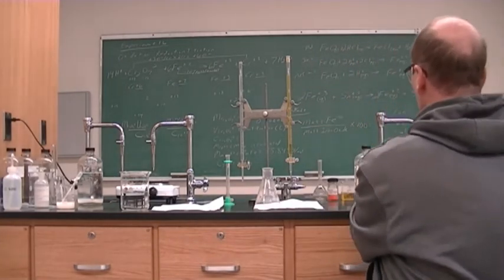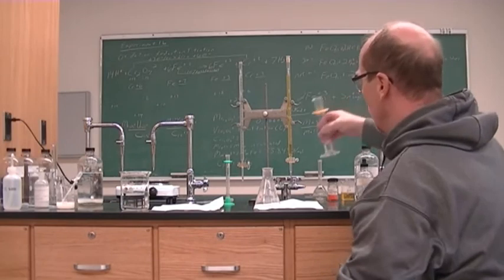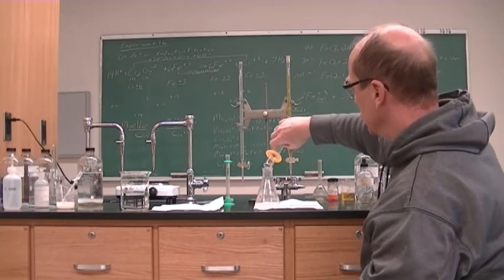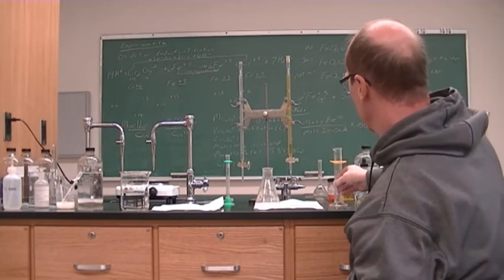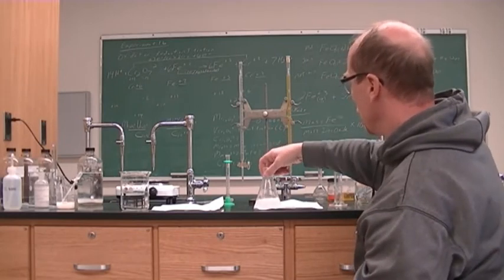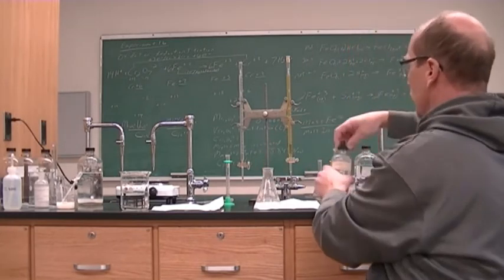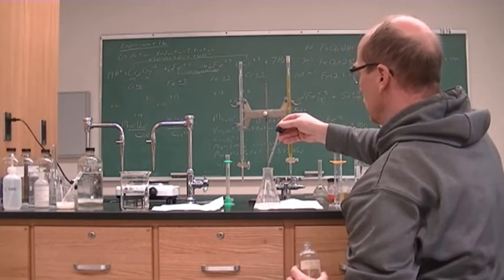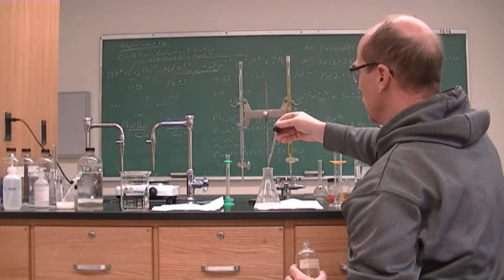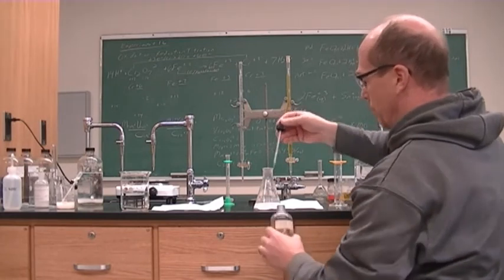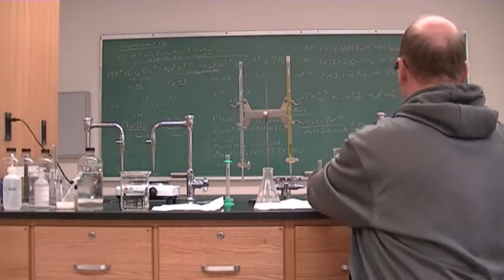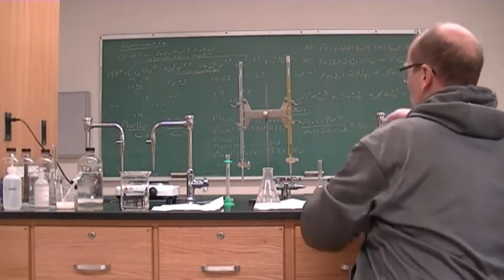All right, so now we're ready to add our acid solution. And then our 6 drops of our DAS indicator. And then we're ready to do our titration.